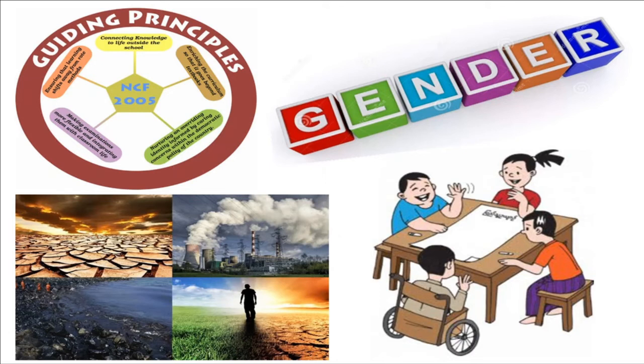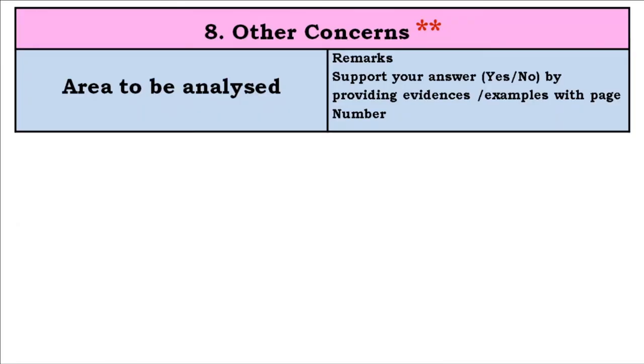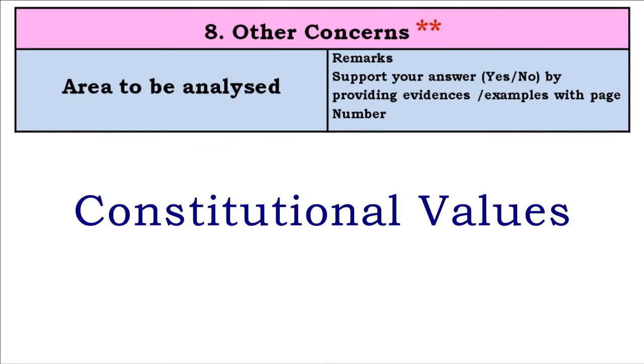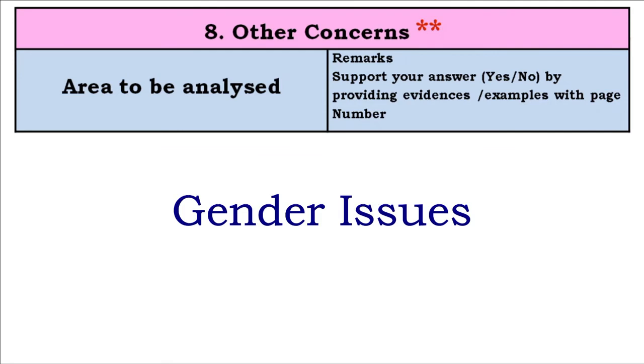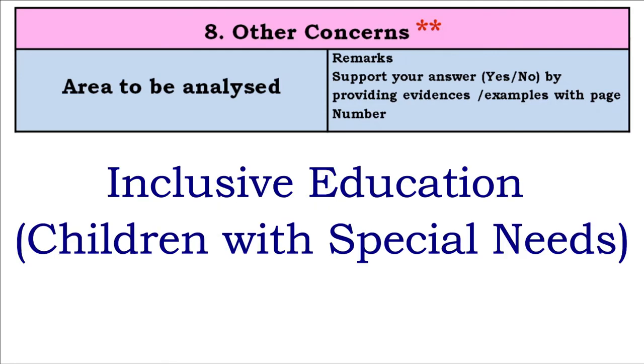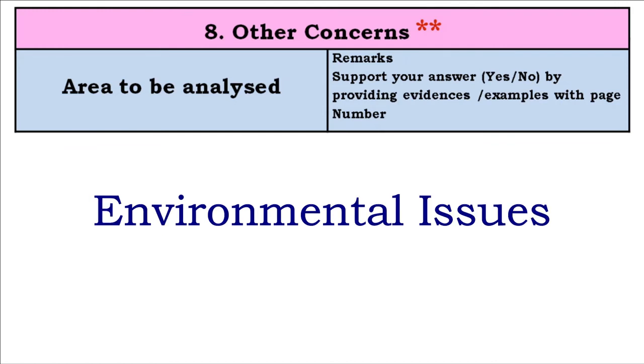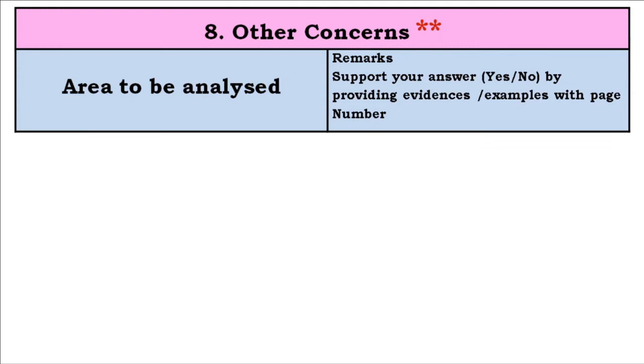That's why in the eighth component or aspect we will discuss other concerns like constitutional values, gender issues, inclusive education or children with special needs, environmental issues, etc. The following are some of the important areas which need to be analyzed.